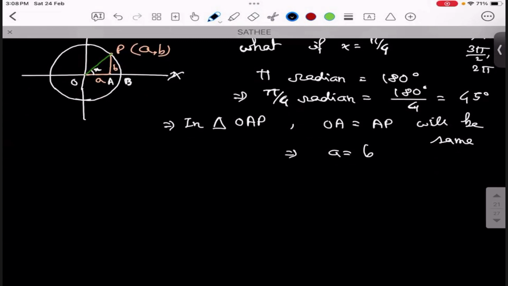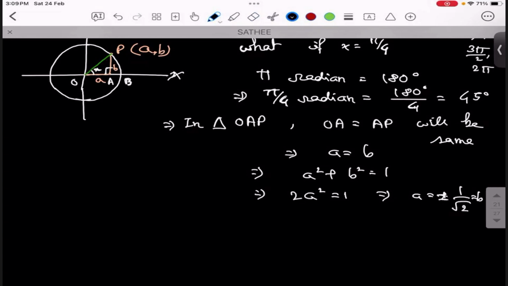Now as it is a right angle triangle, we all know this can give us A square plus B square equals 1, which gives us 2A square equals 1, which gives us A equals plus or minus 1 by root 2, which is again equal to B. Now since A and B represent the length of some line, this must be positive, because length can't be negative.